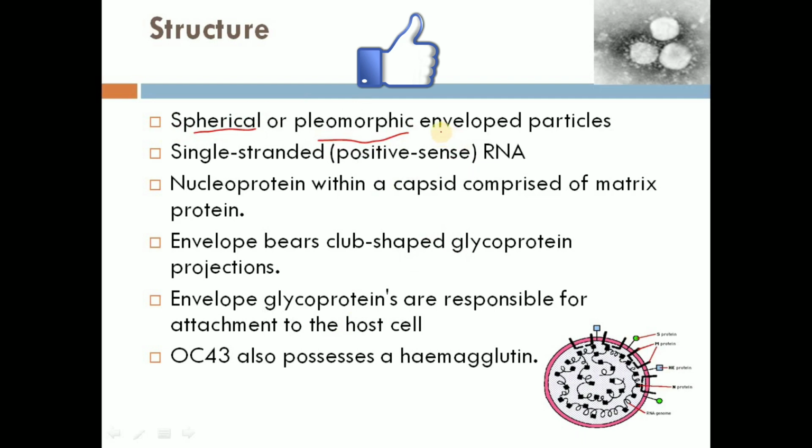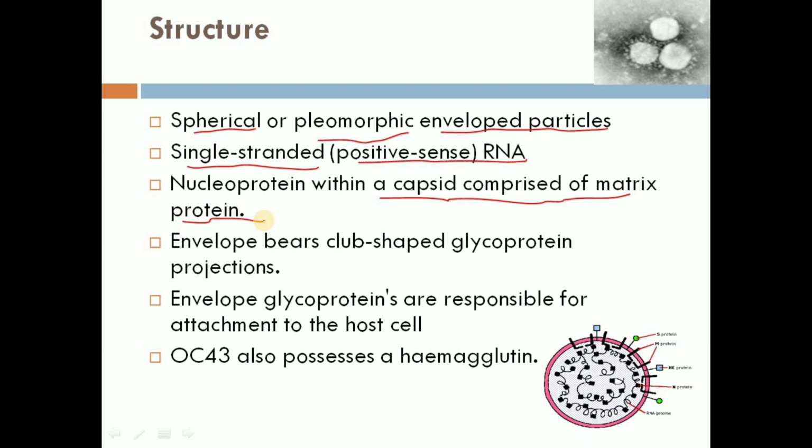It is a positive sense, single stranded RNA virus. Remember this point. There is a nucleoprotein present in the capsid, composed of matrix protein. This is a very important point, the nucleoprotein.